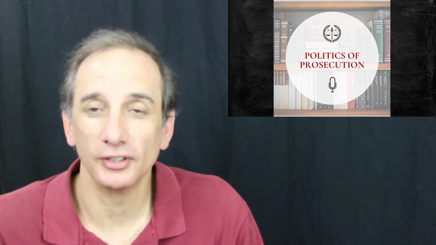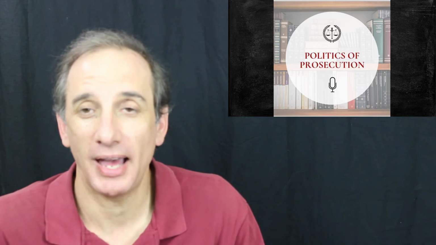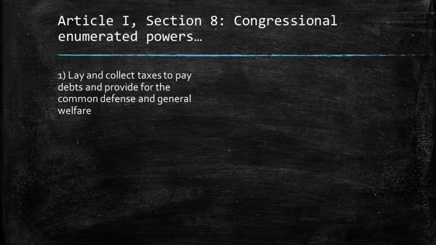Now, the Constitution gives Congress the power to do certain things. They cannot act outside of the powers that they have been given. These powers show up in Article 1, Section 8 of the Constitution. They basically include the following things. They can lay and collect taxes to pay debts or to provide for the common defense and general welfare.